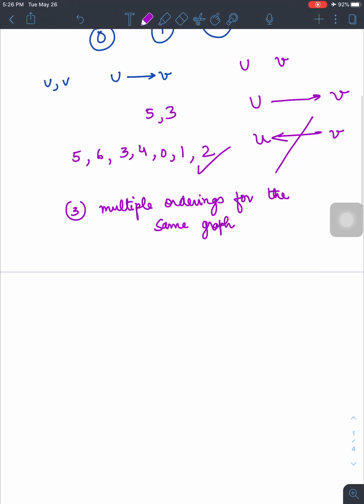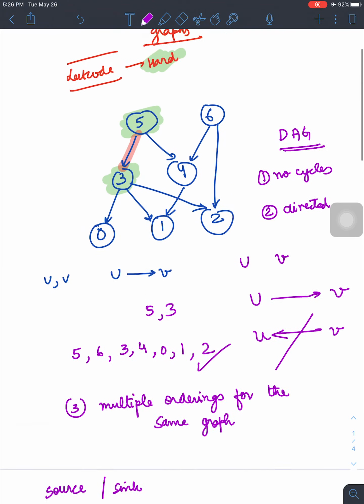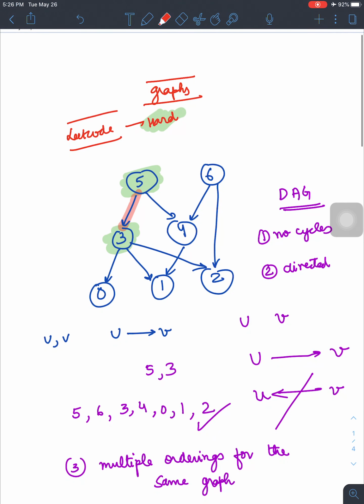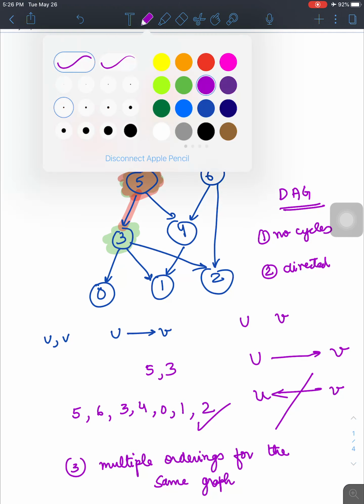Now the other definition that I think is important to understand is that of a source, and that also brings us to the definition of a sink. A source is any vertex which has no incoming edge and only has outgoing edges. For example, 5 here has no incoming edges and only has outgoing edges. This is known as a source.